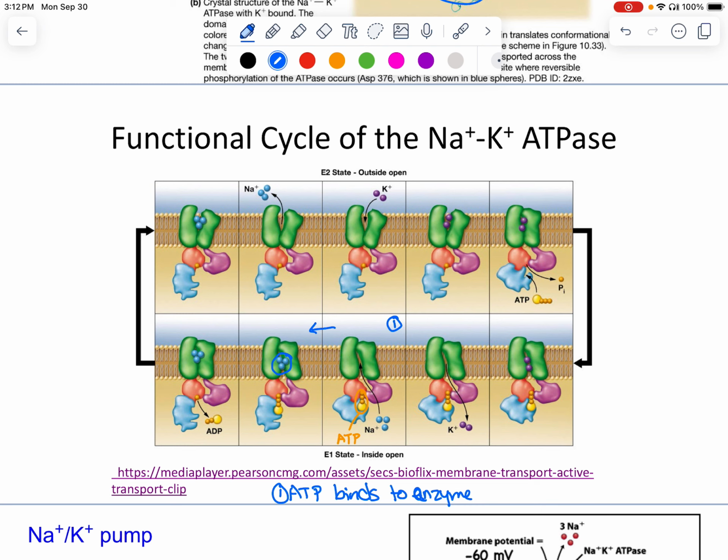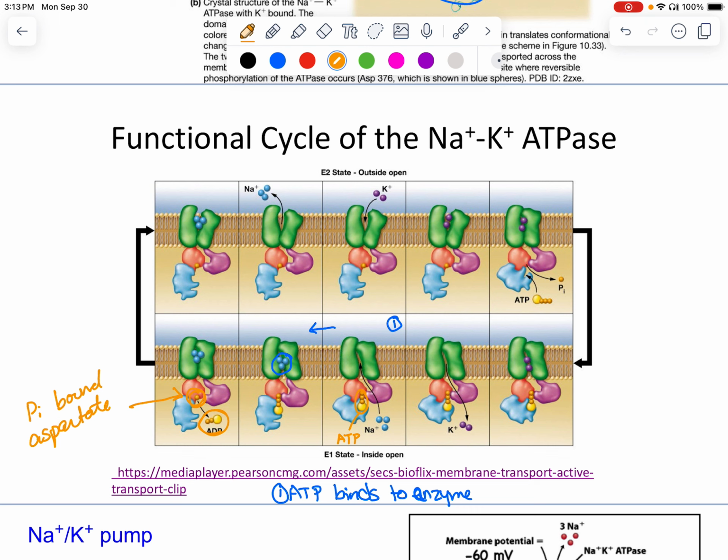Once the sodiums have entered the pump, if we look at what's happening over here, the inorganic phosphate is staying attached, but the ADP is leaving. So the phosphate stays bound. It's bound to the aspartate. Remember, we looked at that intermediate. And the ADP is released.